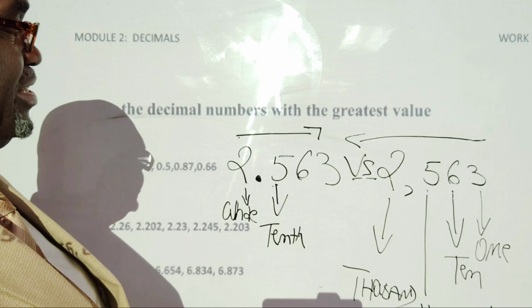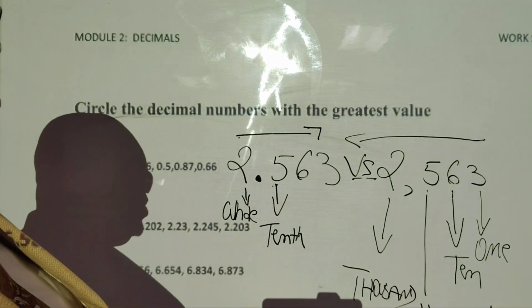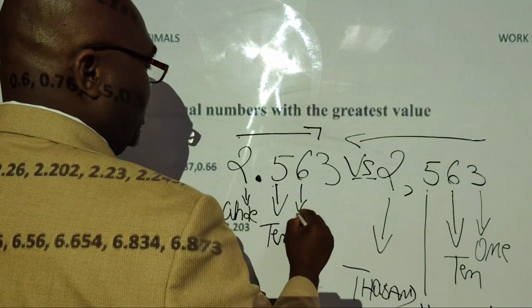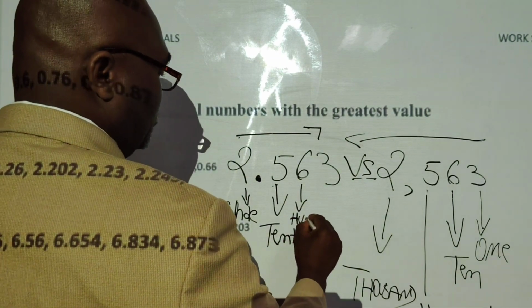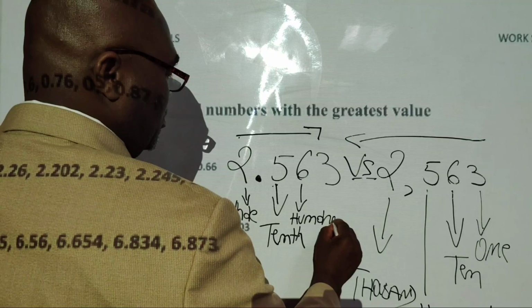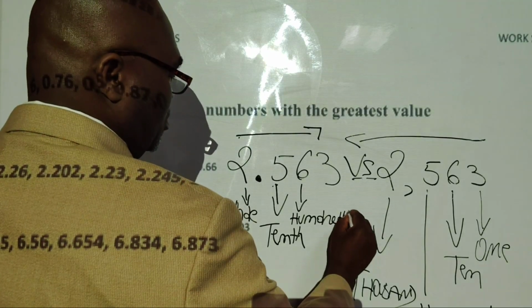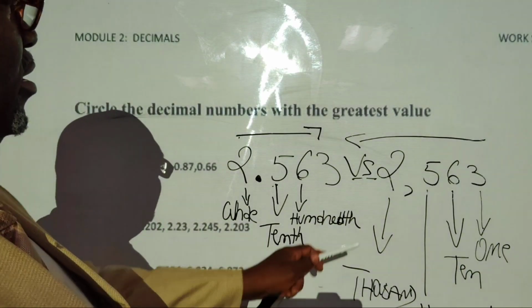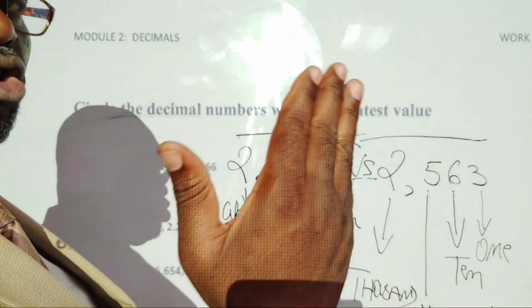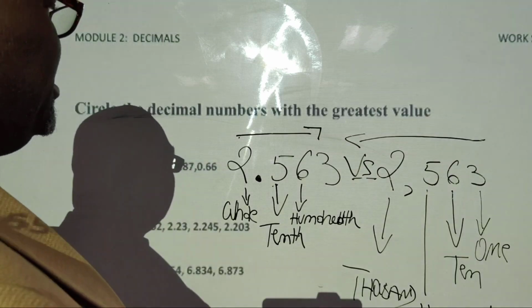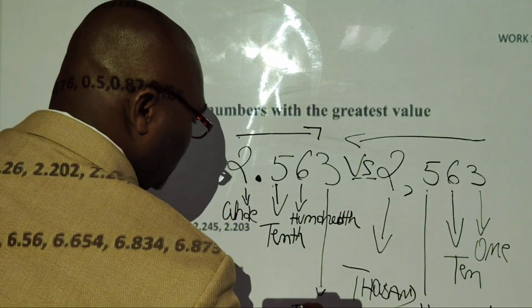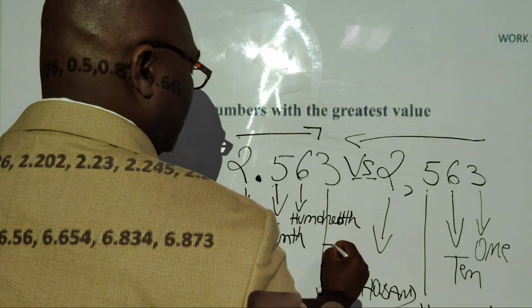Then the second number, or the number that is on the second place, we call that 100th, with th at the end. And this number that is on the third place after the decimal number, all right, dear friend, we call that a thousandth.